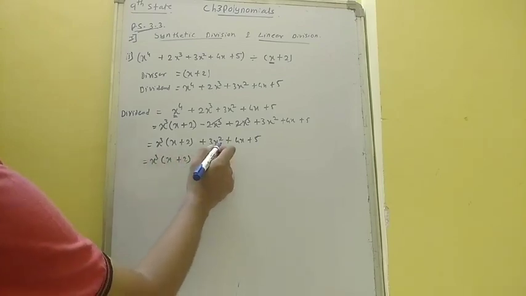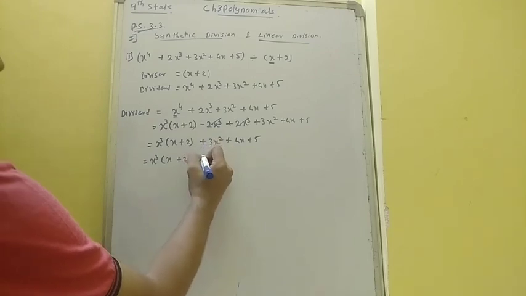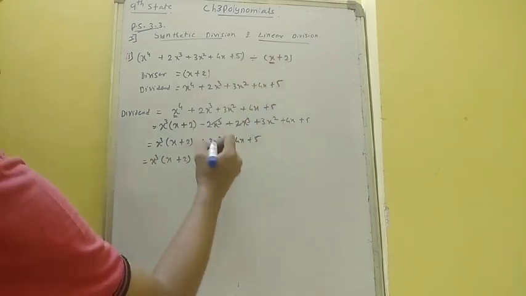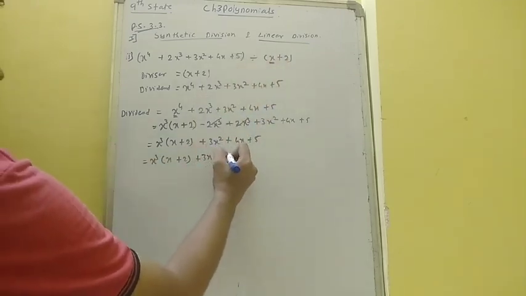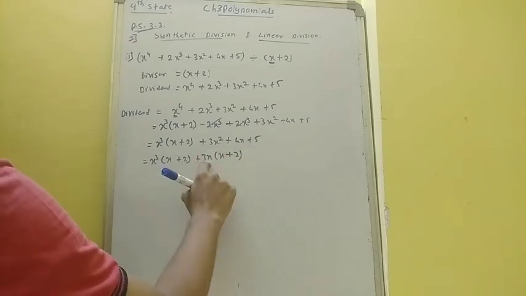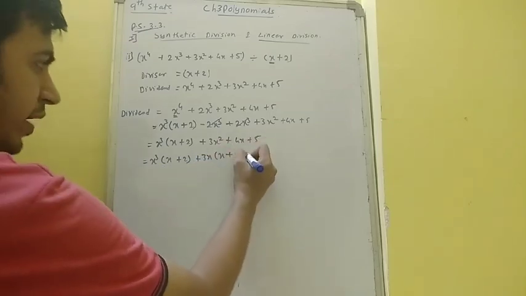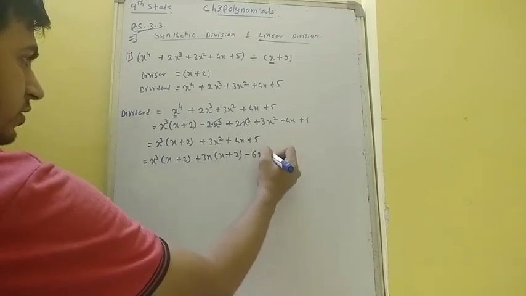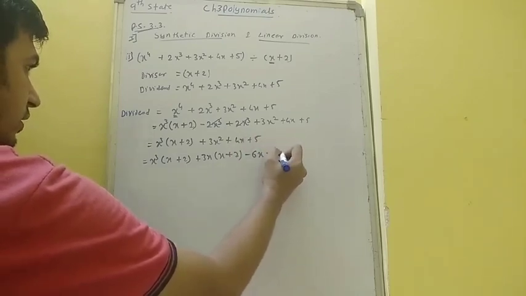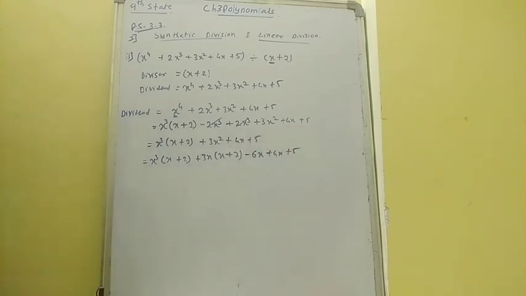Now again I will take 3x common so that I can get x. So I will get x but plus 2 with it. So 3x into 2 is plus 6x. To balance it, I will add minus 6x plus 4x plus 5 as it is.